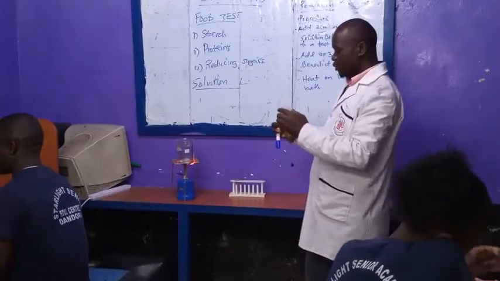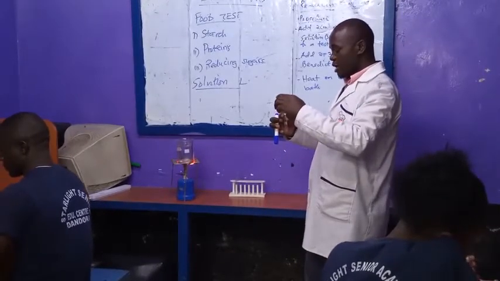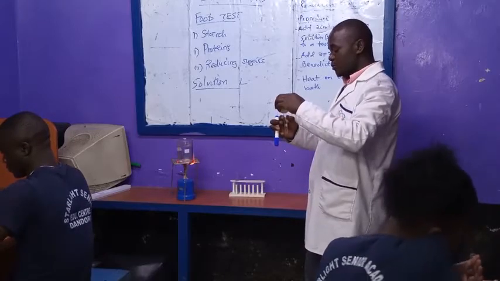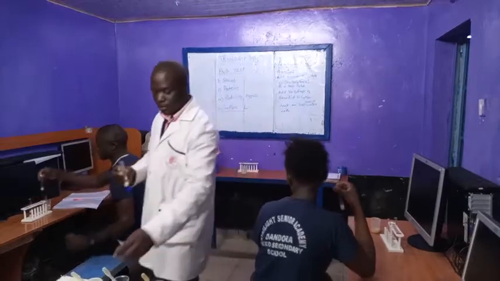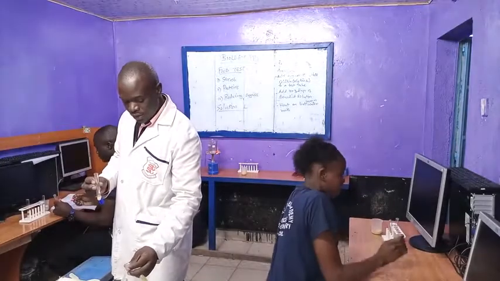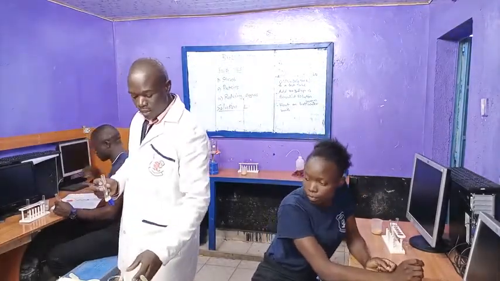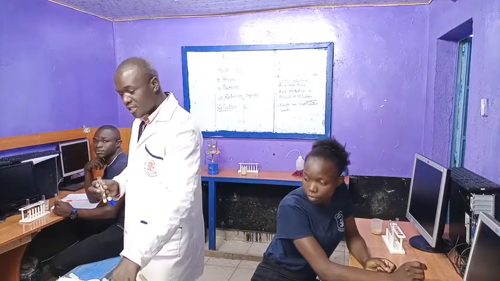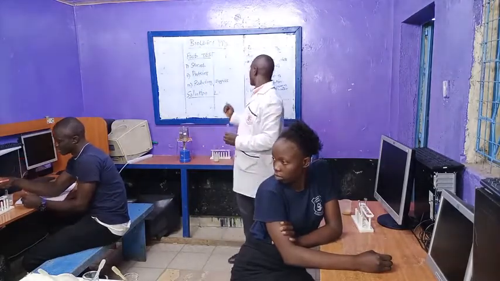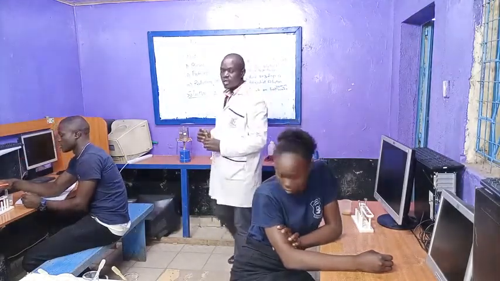So we are going to put 2 cm cubed in a dry, clean test tube. We are going to add 2 to 3 drops of Benedict solution. Benedict solution and copper 2 sulfate sometimes look more or less the same. So you have placed 2 cm cubed of the solution L, which is our substrate that we want to confirm if there is presence of reducing sugars.